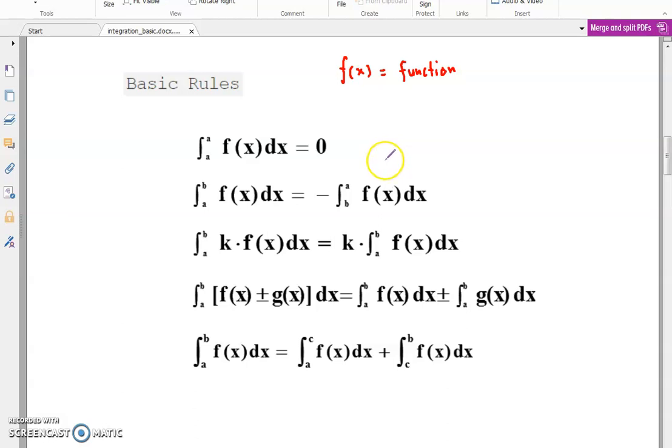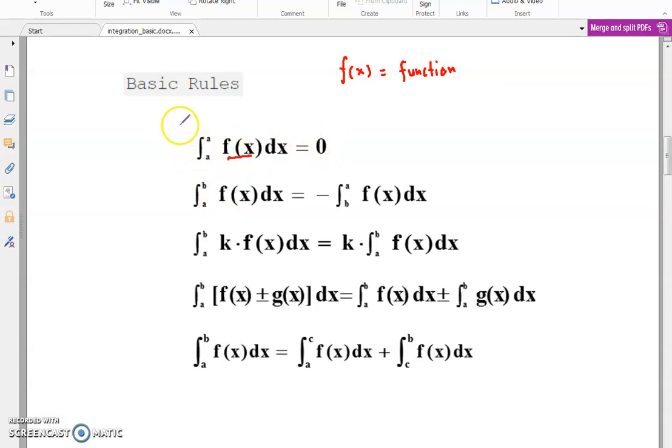If we integrate a function with the same limit, a and a, basically you are supposed to get 0.